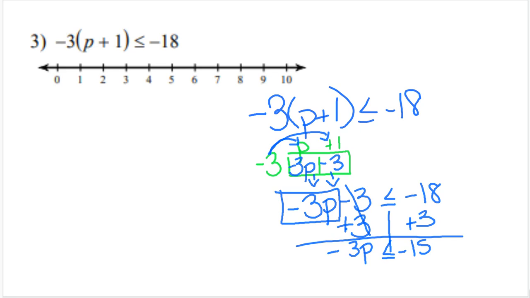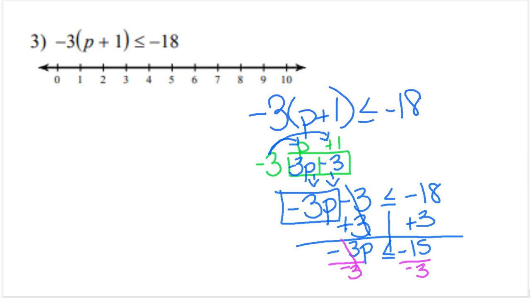So now for our second step. From here, I can go ahead and divide both sides by -3. Remember, when you divide or multiply by a negative number, you need to flip your sign to keep your inequality true.